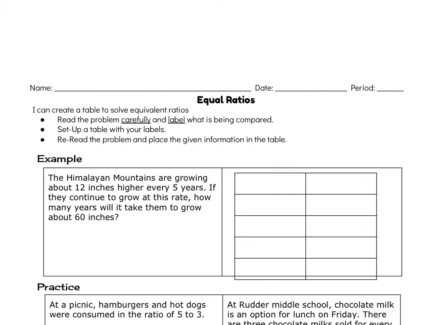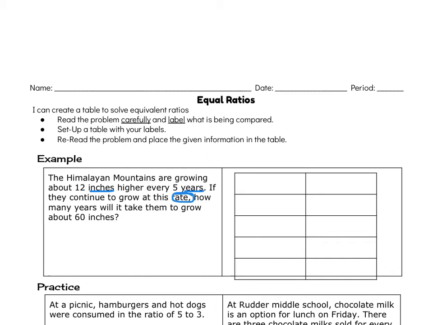So, for example, the Himalayan mountains are growing about 12 inches higher every 5 years. If they continue to grow at this rate, how many years will it take them to grow about 60 inches? So there's a key word there, rate. Rate is a type of ratio. And what we're looking at is we're saying they're growing 12 inches every 5 years.